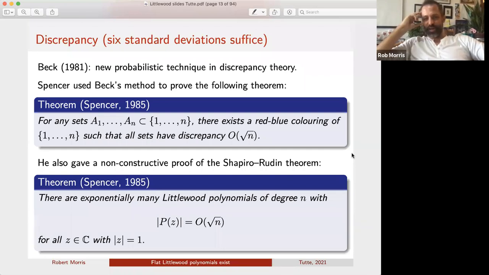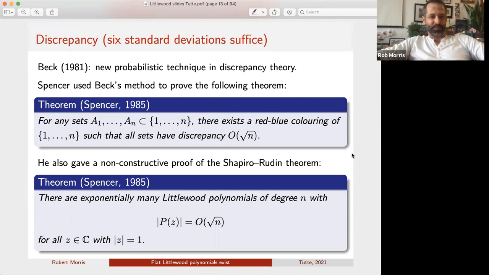The exponent gets better as the constant gets bigger, as you might expect. So you can find these things probabilistically, which is encouraging for someone of my inclination.